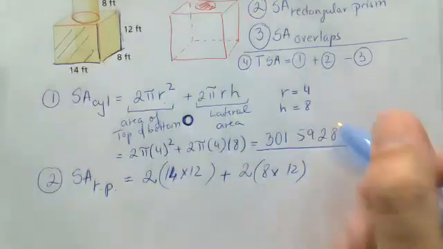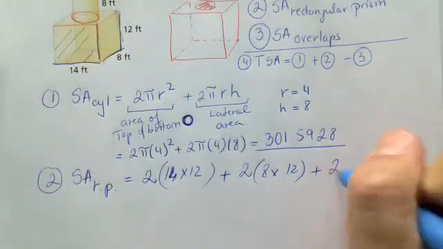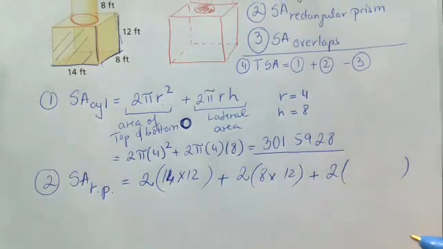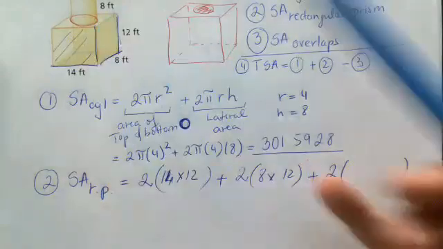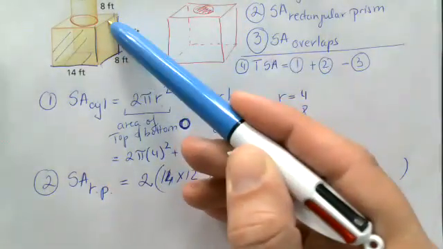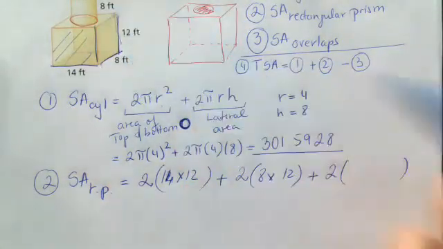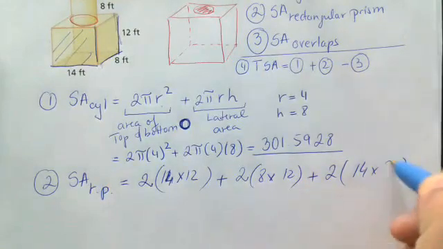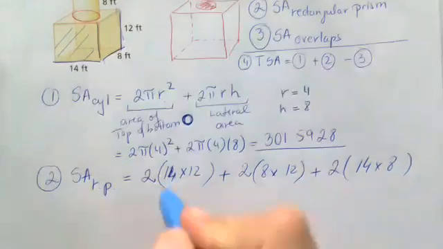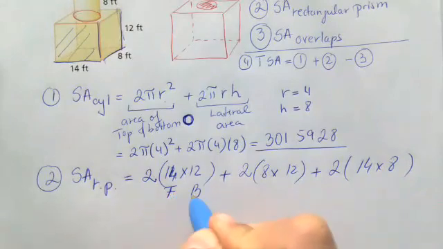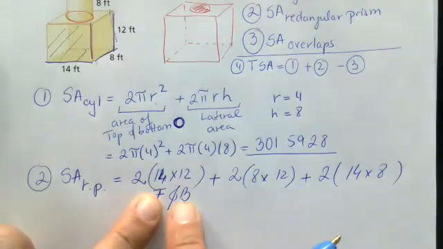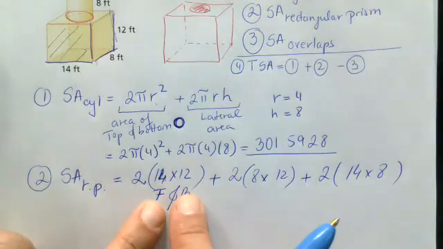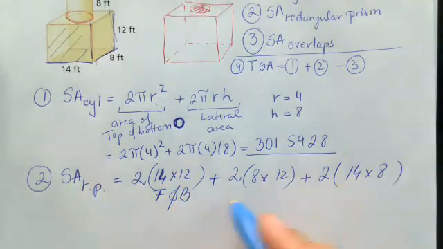Okay. And then plus 2 times. Now top and bottom is the one that I did last. Top, 14 by 8. That's right. So 2 times 14 times 8. Top and bottom. So this was front and back. But that's for 14 and 12, so don't get confused, right? So this calculation is for the front and back. Okay, maybe I'll put it aside here.